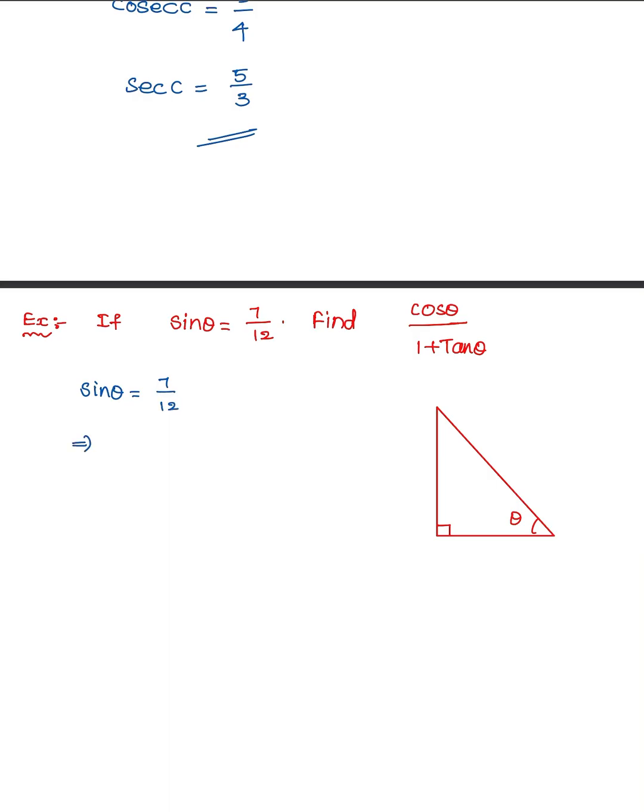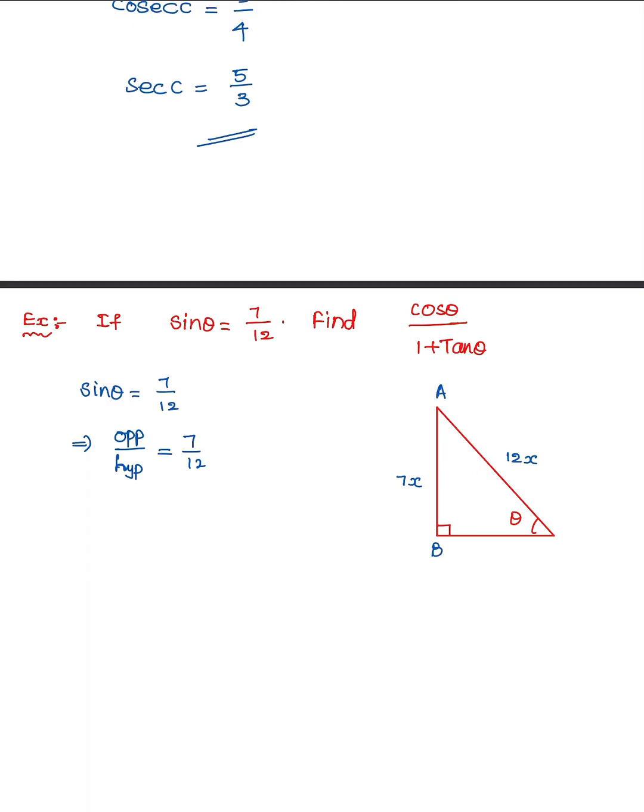That means sine, opposite upon hypotenuse, is equal to 7 upon 12. So the opposite value is 7x, don't take only 7, and this one is 12x. By taking 7 and 12 also you will get it, but the thing is here, it is a ratio, it may be in smallest form. Then by using Pythagoras theorem, we need to find this BC length.